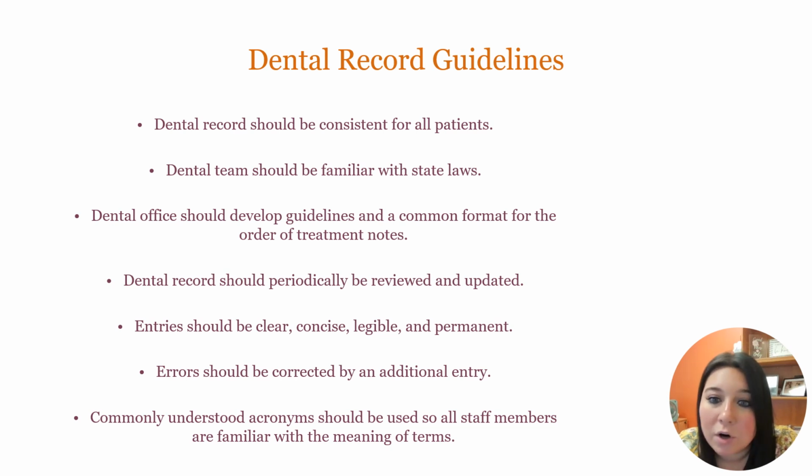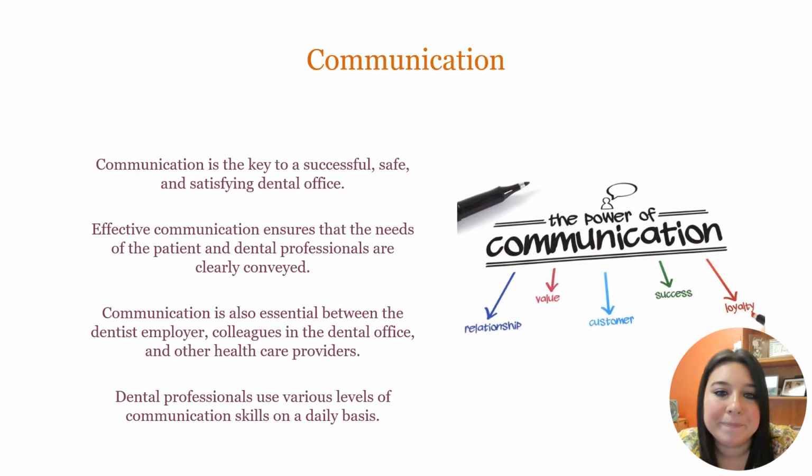If there's some bizarre type of acronym that most people may not recognize, just spell it out, or if you use it multiple times in the note, spell it out the first time, put the abbreviation in parentheses, and then you can use the abbreviation on the rest of the note. But if you just start out the note with a random abbreviation that may not be recognized, it's really hard to understand what the note's even about.